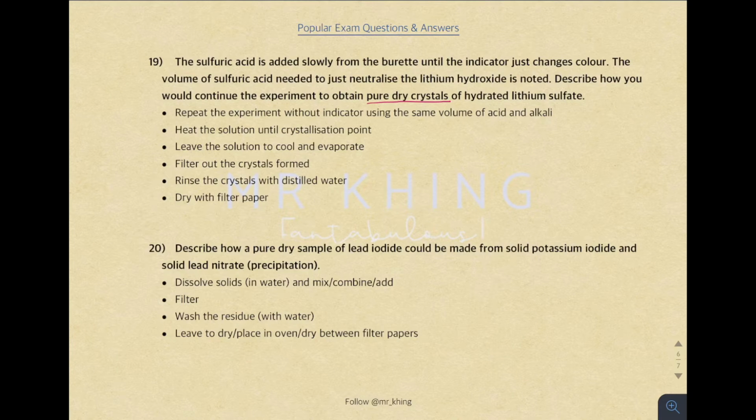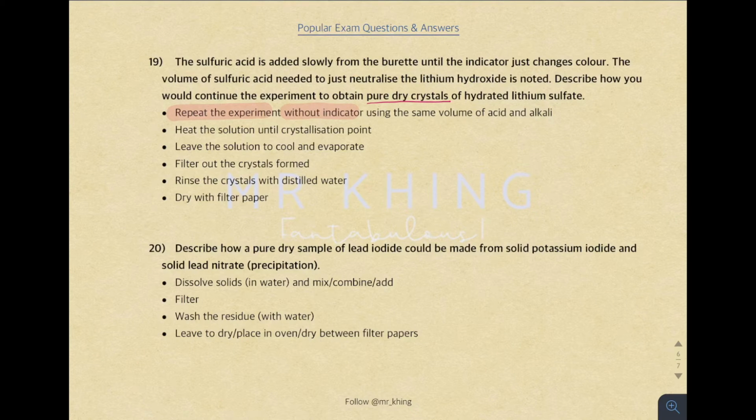Which means asking you how you can carry out crystallization. Pure means without indicator. So therefore, we have to repeat the experiment without indicator, using the same volumes of acid and alkaline, and then you obtain the salt solution.